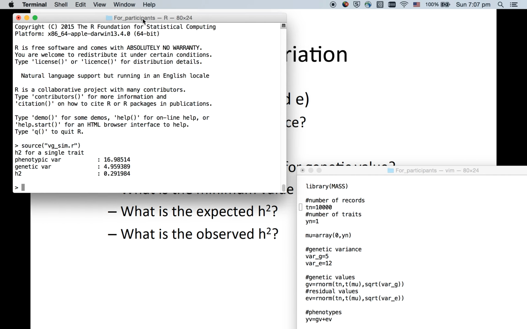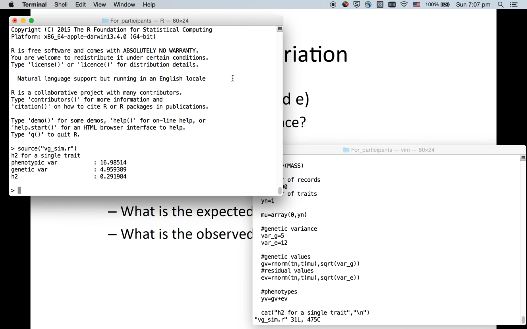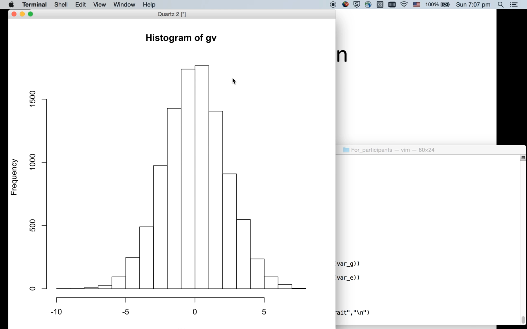We can see the maximum and minimum values. Also, first maybe we should look at a histogram. So we can draw a histogram of the genetic values. Something like this, right? The maximum value is around 9 and the minimum value is around -9. This is a normal distribution with mean 0, which is what we simulated.